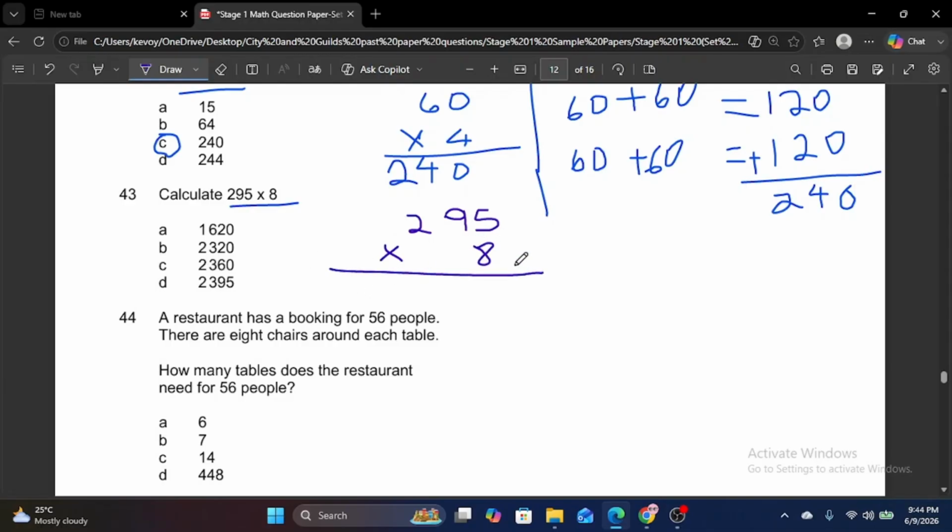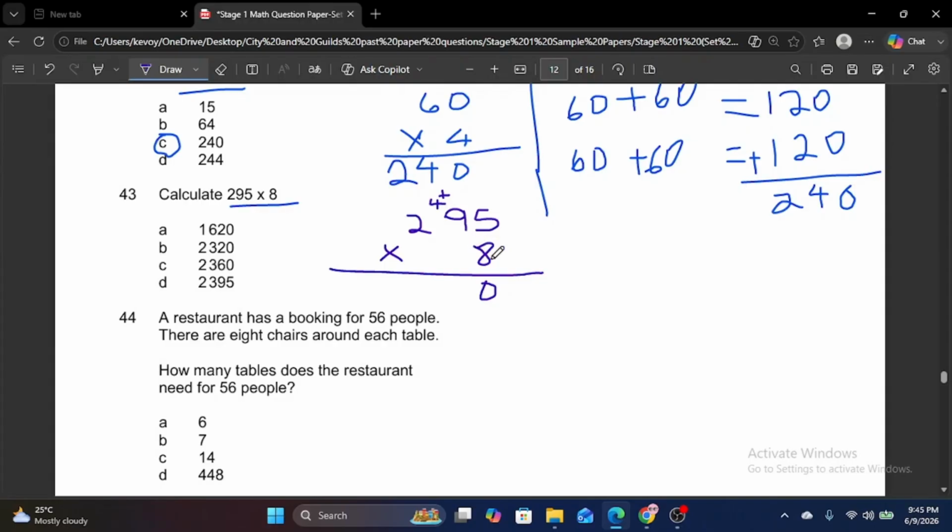Alright, so let's multiply. So 8 times 5, that's gonna be equal to 40. Alright, and 8 times 9, that's gonna be equal to 72. Yeah, so 72 plus 4 now.